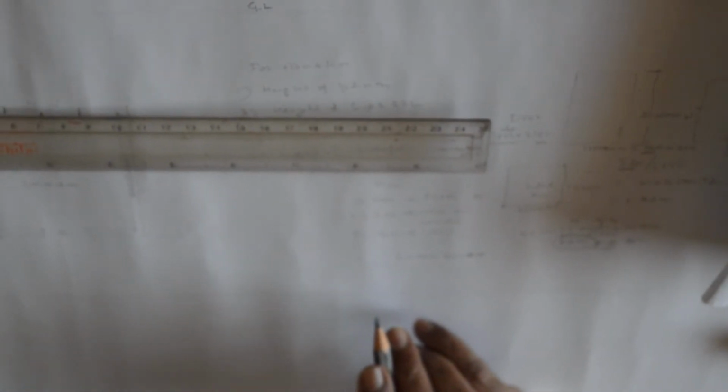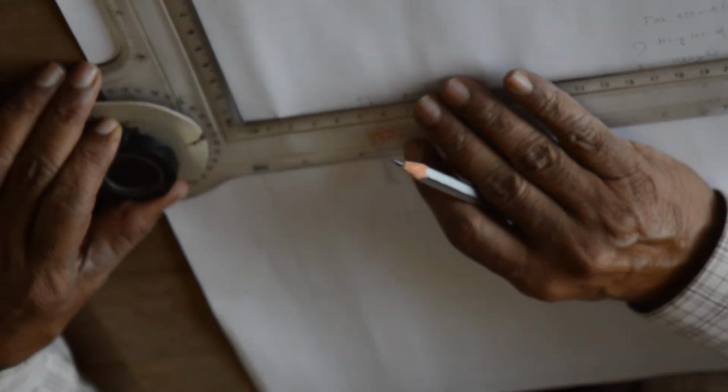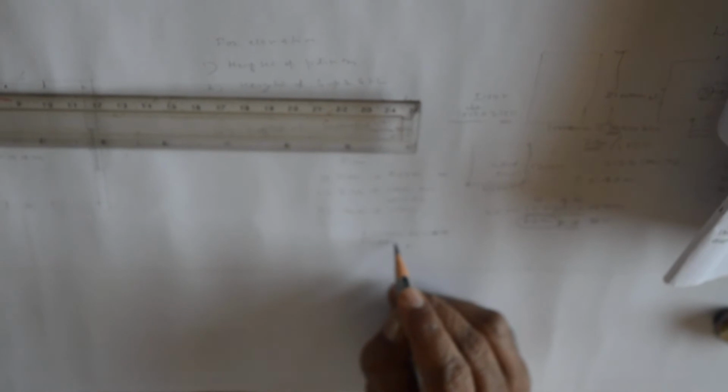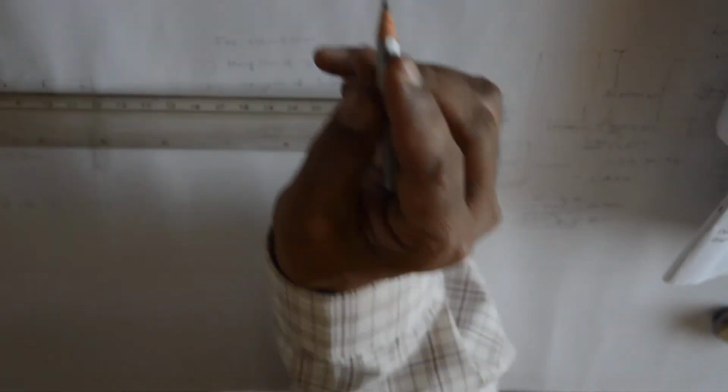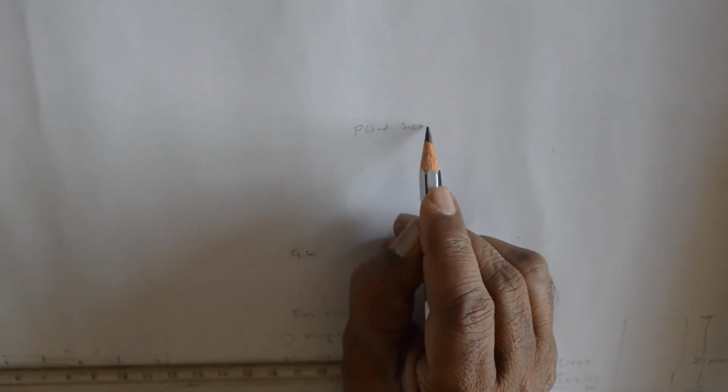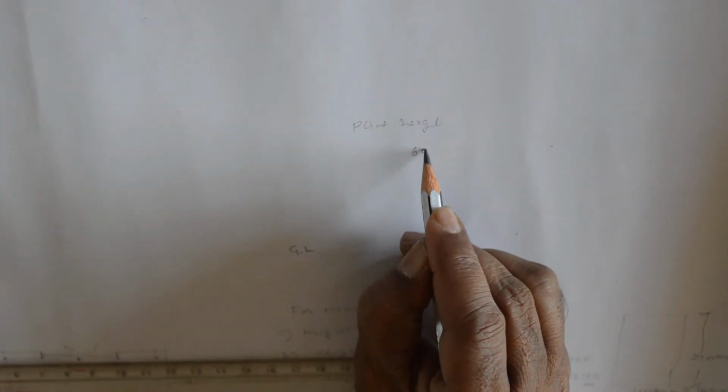By converting to 1:50, you have to make it 0.6, dividing by 1000 to convert to meters. That means 0.6 meter. I will write: plinth height or the basement height is 600 mm.